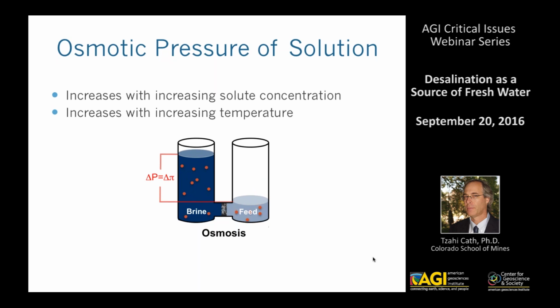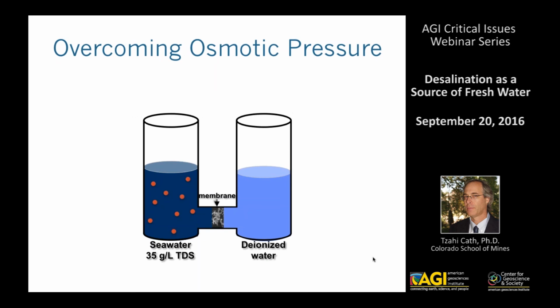In that case, water will diffuse through this membrane into the brine, dilute the brine, and increase the hydrostatic pressure up to the point that it will be equal to the osmotic pressure. And what we need to do in reverse osmosis, we have to oppose or resist this osmotic pressure in order to produce water from the left to the right and produce clean water.